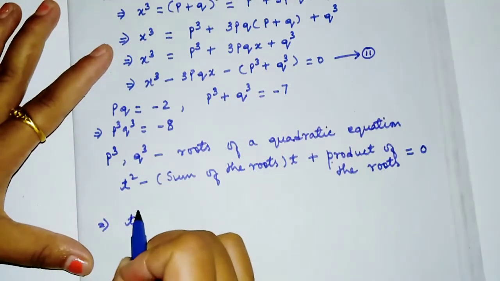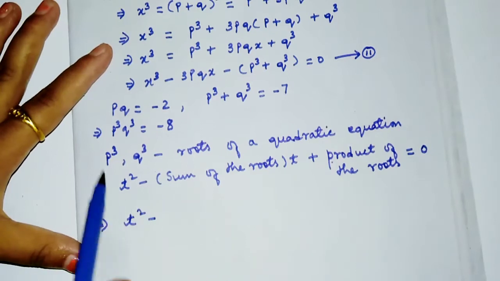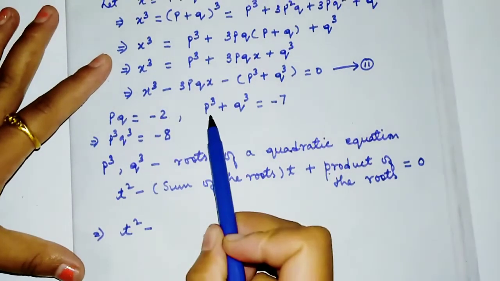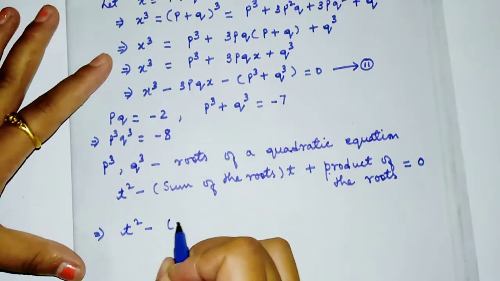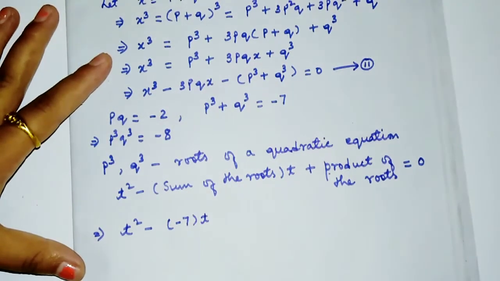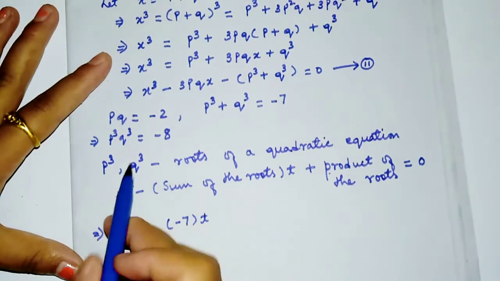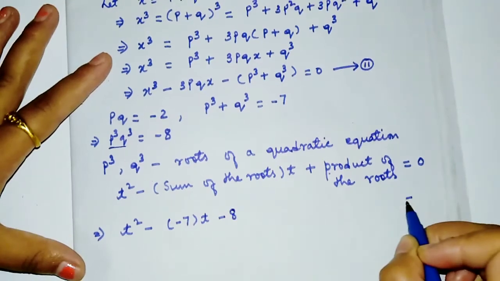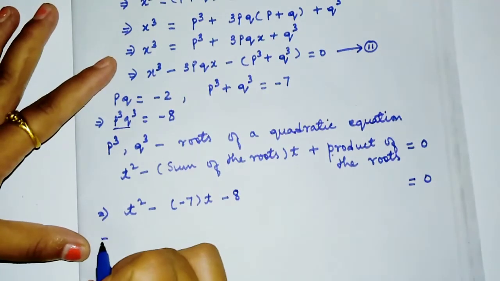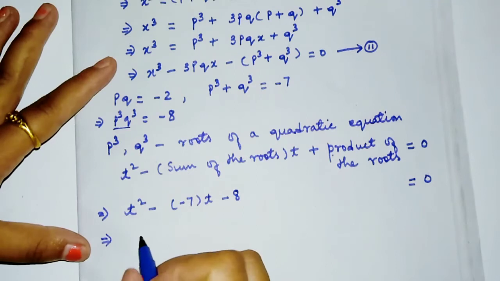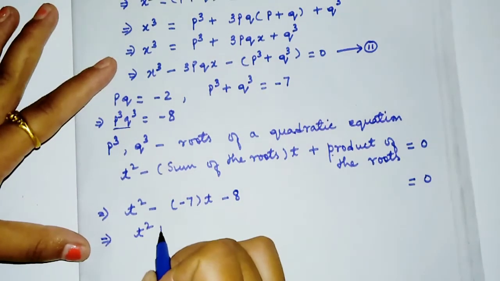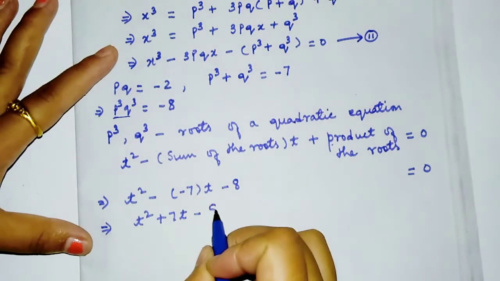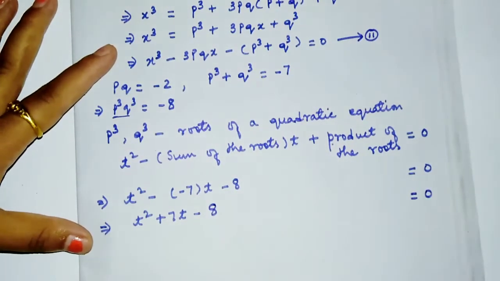What is the sum of the roots? I have said that p cube and q cube are the roots of this equation. Sum of the roots is minus 7, and the product of the roots is minus 8. So from here we have t square plus 7t minus 8 equal to 0.